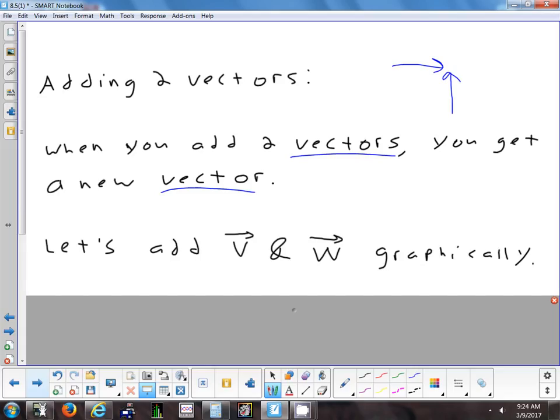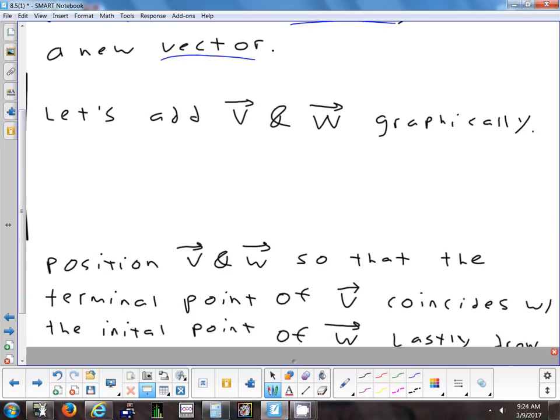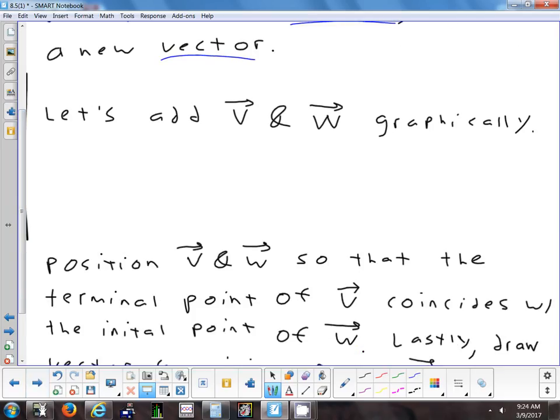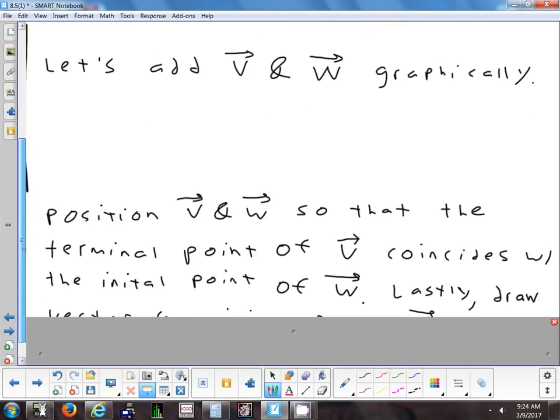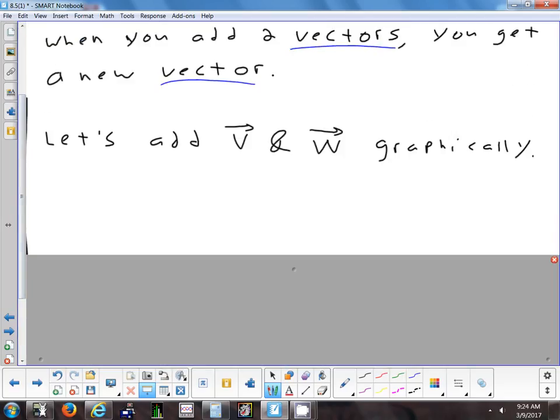So what we're going to do is look at how we can add vectors visually. Okay? And basically the idea of what you do is, let's say this is V, and let's say this is W. In order to add them together, I take V and I put W on the end of it, just like that.